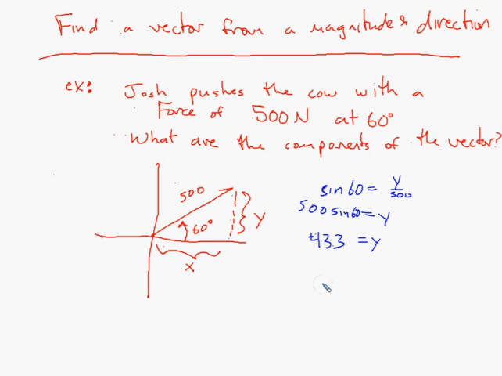And how about, Cambo, if I wanted the x component, what would I get? Cosine 60. X over 500. Yep. So x is 500 cosine 60, which gives us what for x?